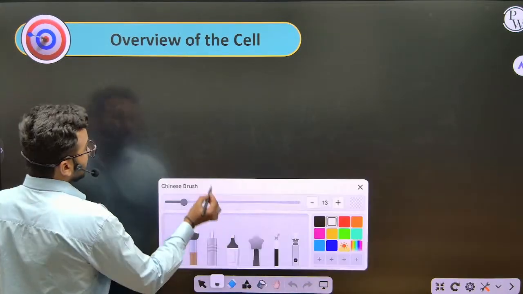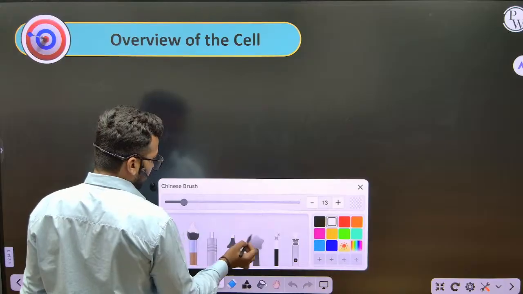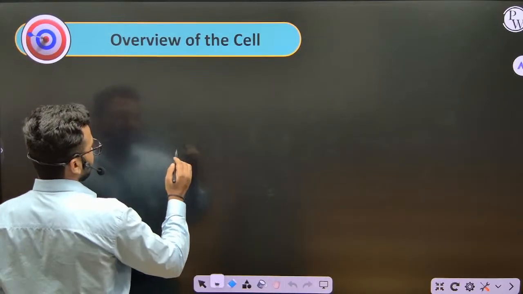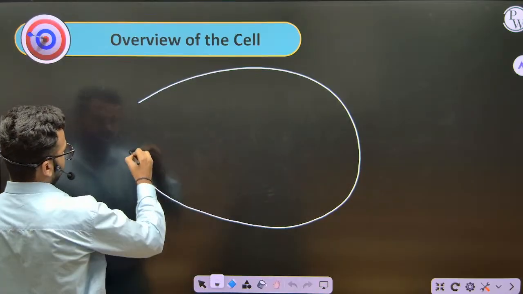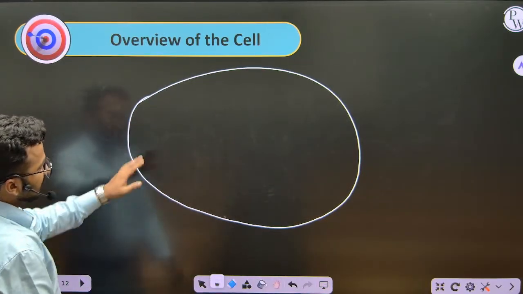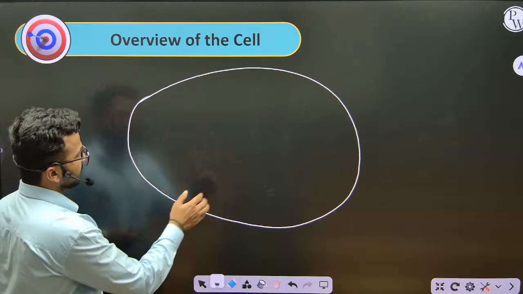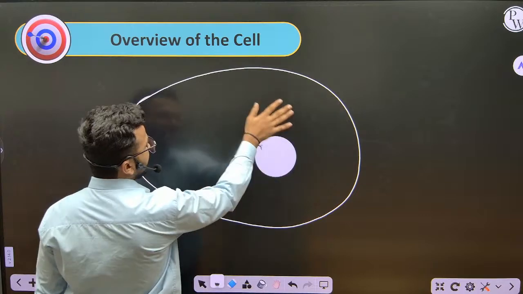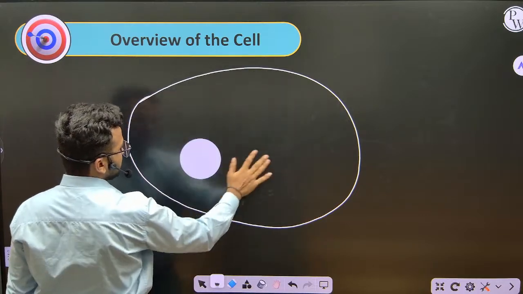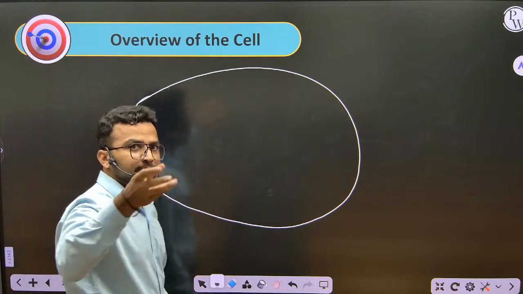When I am talking about the overview of the cell, I am taking a cell membrane. Within that, the space is there. This space is composed of plasma, some liquid will be there.